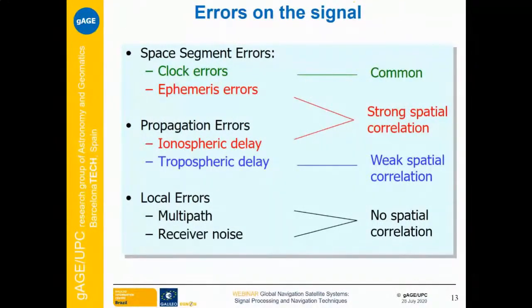Then we have the troposphere, a very local delay, which is why it shows a weak spatial correlation. The last category are errors that are very local and do not show any spatial correlation. They are basically independent. The antenna of the reference site can be completely different from the antenna or the environment of this moving receiver.